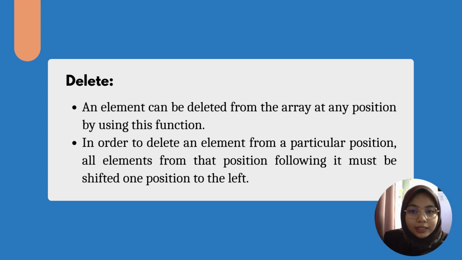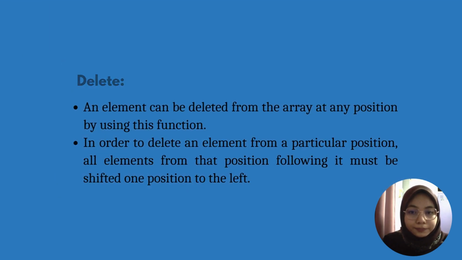So the next one is deletion. Deletion is the process of removing an element from the array at any position. Just like the insertion part, deleting an element from the end is quite easy, but if we wanted to delete an element from any particular position, it requires all subsequent elements from that position to be shifted one position towards the left.